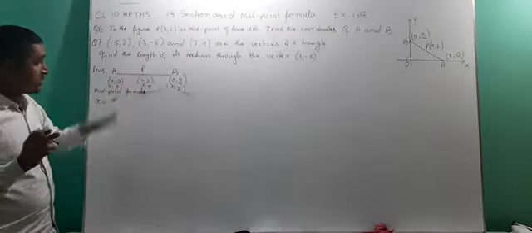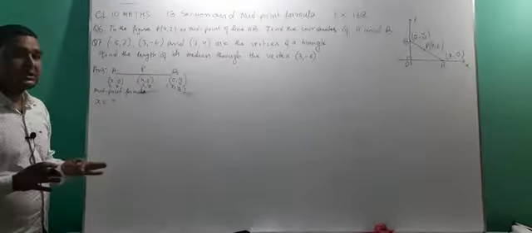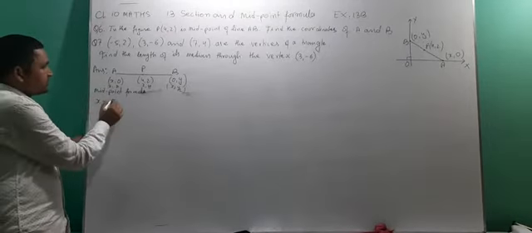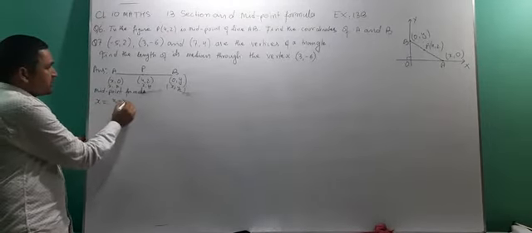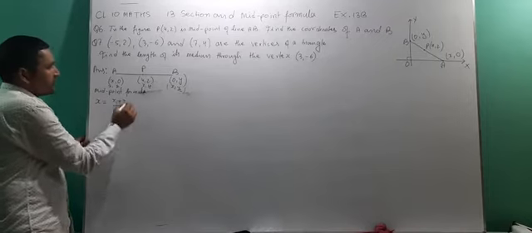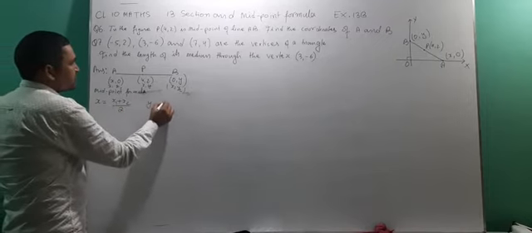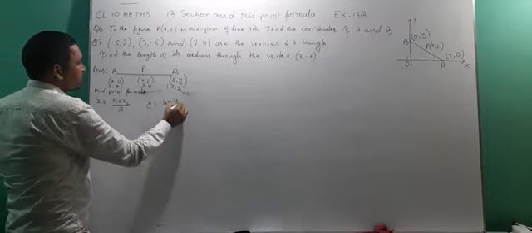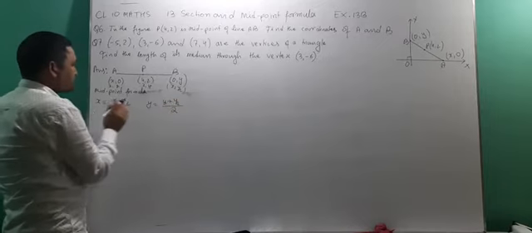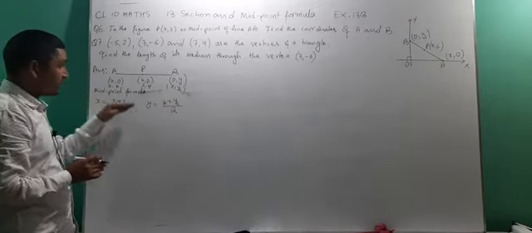This is the main point to solve these questions easily. Now x equals x1 plus x2 divided by 2, and y equals y1 plus y2 divided by 2. This is the midpoint formula to find the values of x and y.